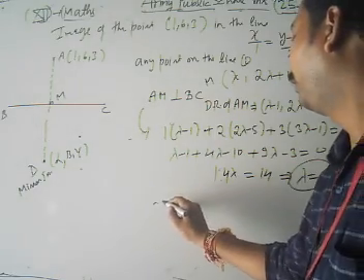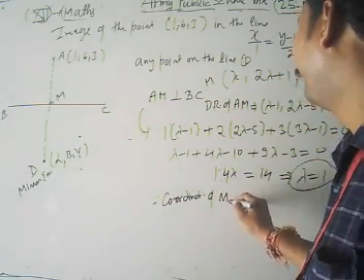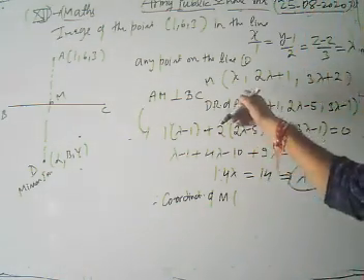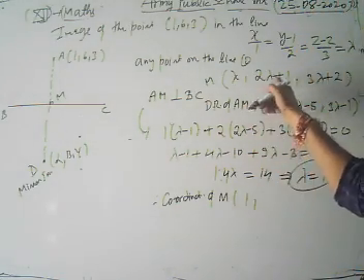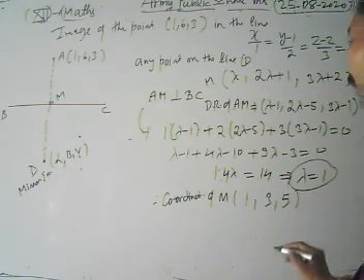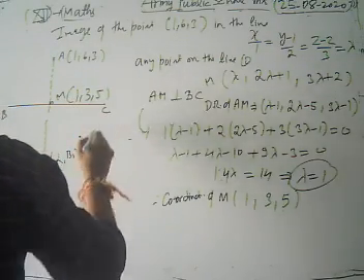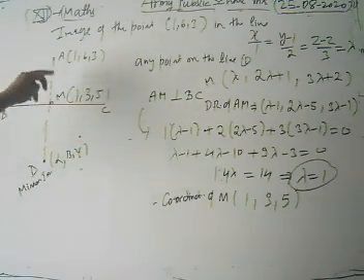Therefore the coordinates of M: 1, 2 into 1 plus 1 which is 3, and 3 into 1 plus 2 which is 5. So the coordinate of M is 1, 3, 5. But M is the midpoint of AD.